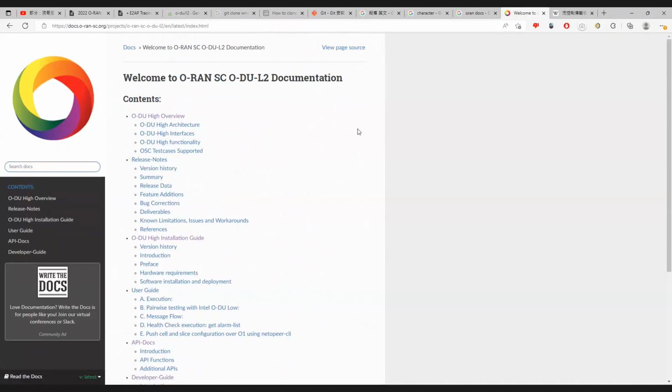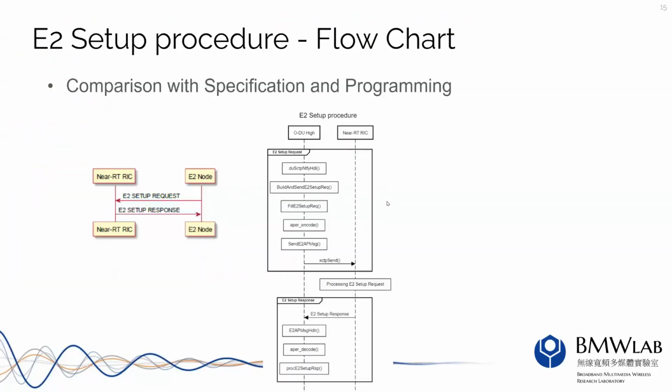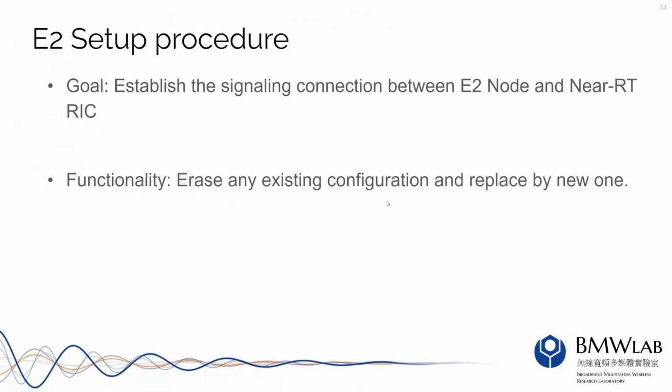Erase existing, actually, you need to come back to your slide. Does it work now? Yes, it works now. So it erases the configuration on the DU side or the RIC side? On the DU side. On the DU side, okay.